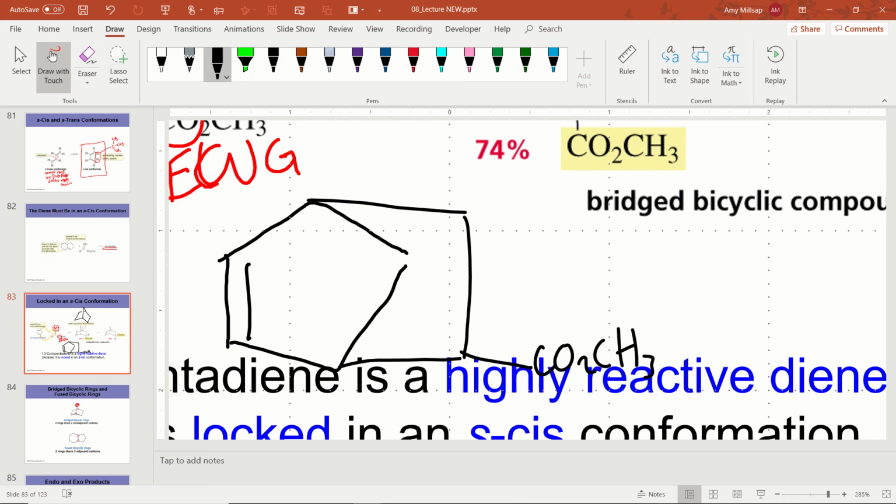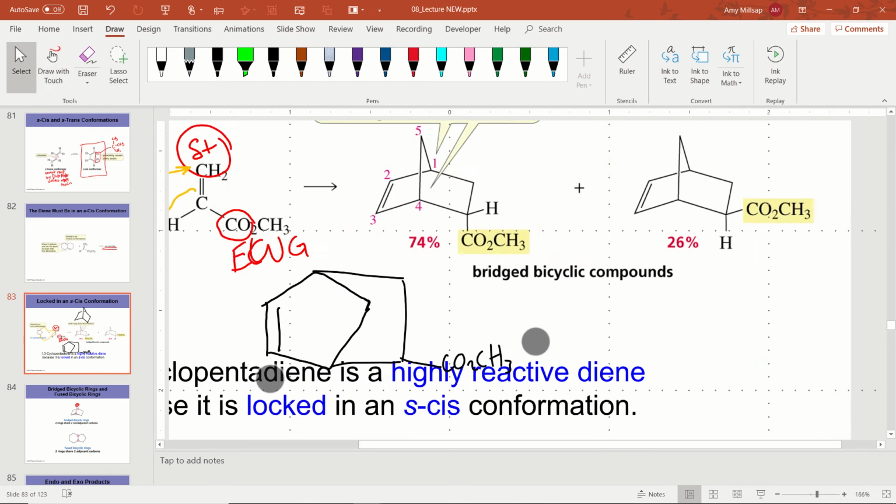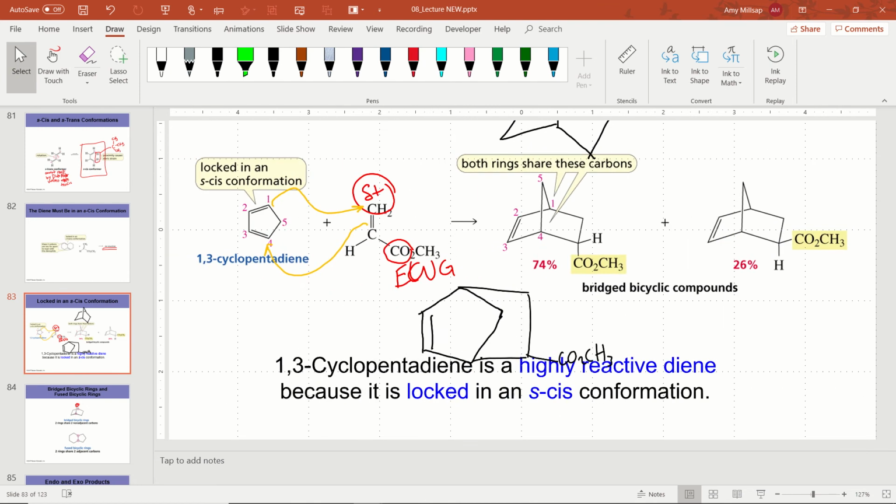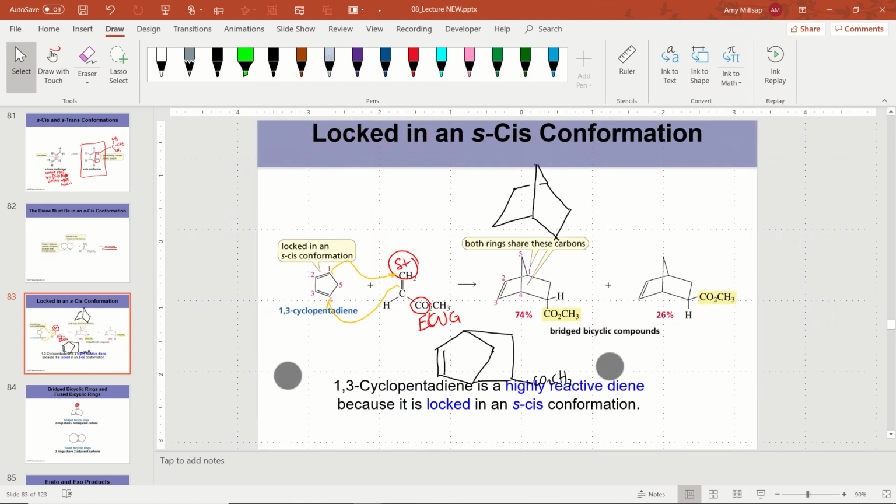And the software, if you have to do this in Mastering Chemistry, will count this as correct. Because it is, it's just that we had to make the bonds longer to make the new molecule more obvious. Okay? So I will accept either way of drawing this when you do your Diels-Alder handout.